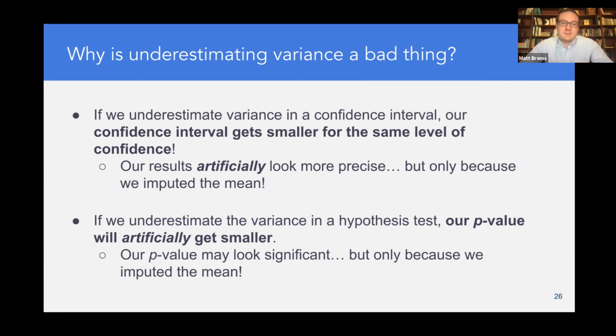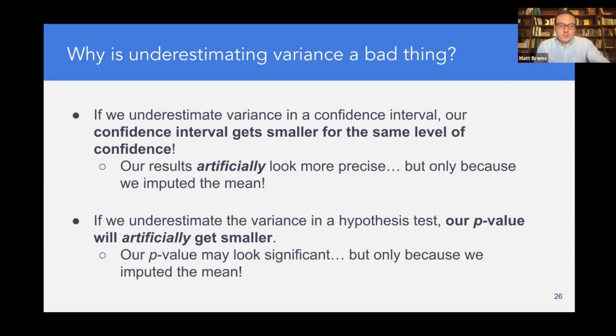If we underestimate the variance in a hypothesis test, that p-value itself is also artificially going to get smaller. So our p-value might normally be 0.08, but after imputing the mean, maybe it goes down to 0.04. Well, that p-value just went from insignificant to significant. We might make conclusions because we filled in the mean.